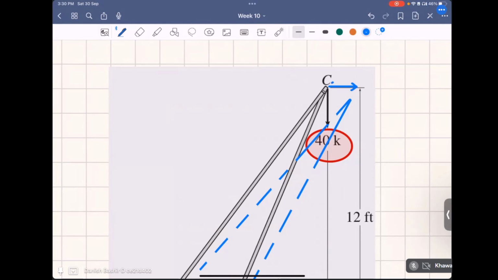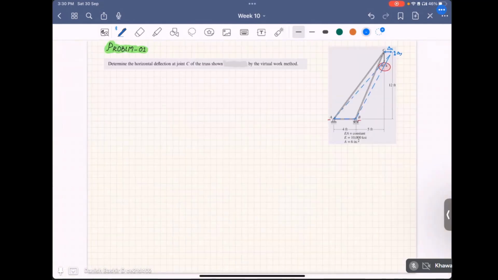This will be delta x. Hope you are able to see, this will be delta x, and this up to this point will be delta y. We have to only compute delta x, that's the horizontal deflection in our truss structure.